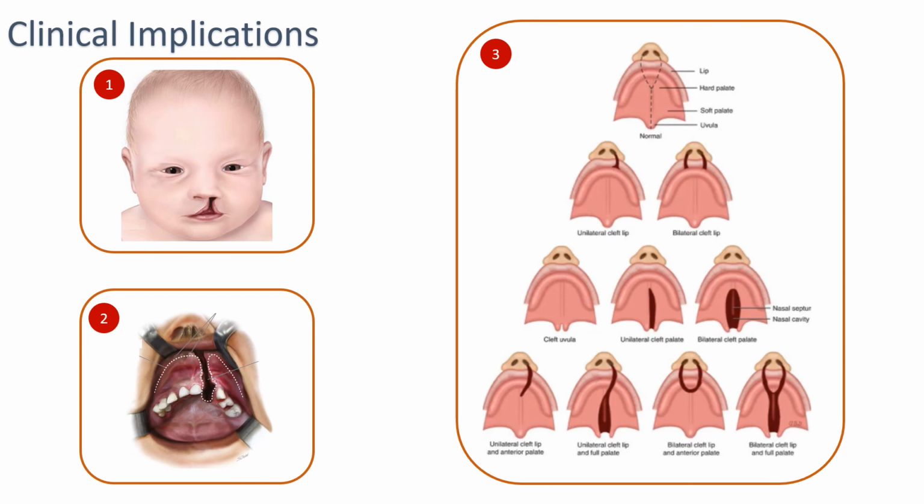So food or drink might be able to flow into the nasal cavity, or that cleft might also disrupt speech articulation. In addition to reconstructive surgery to correct the clefting, in some instances, depending again on severity, orthodontic treatment or even speech therapy might be required to help develop more fluent speech for the individual.